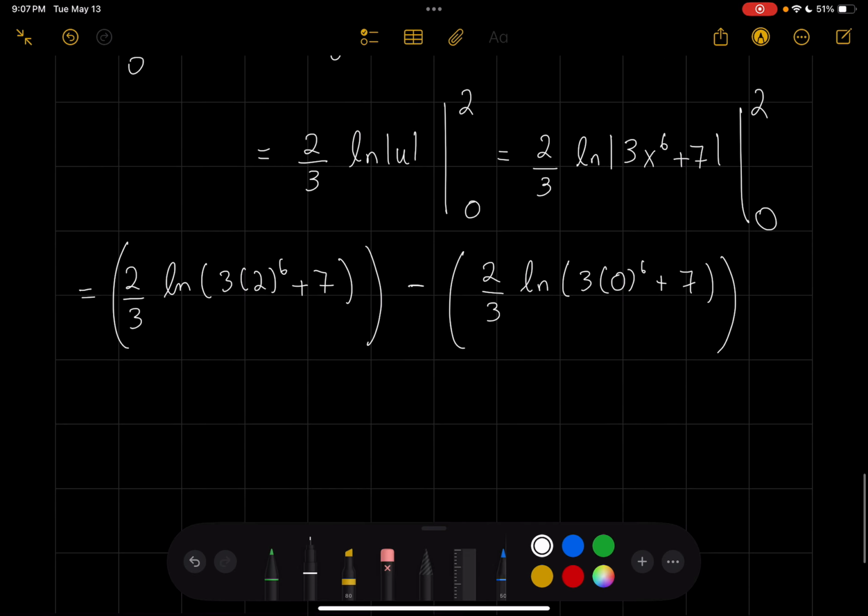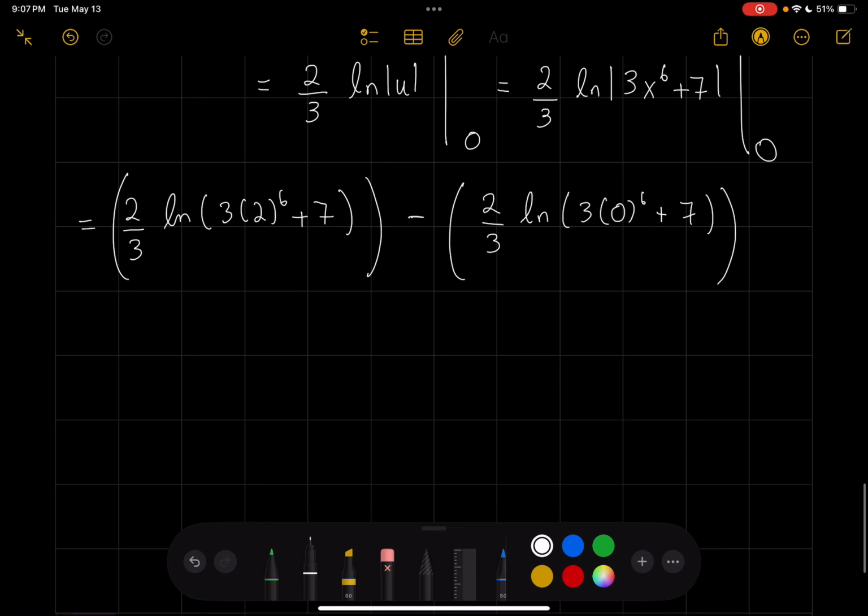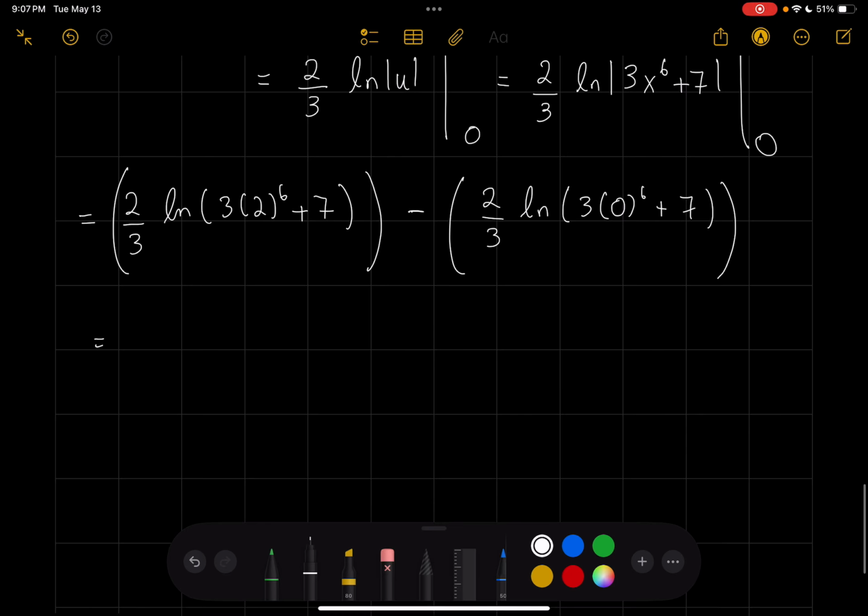Now, I don't have a calculator with me, to be honest, but if you put this on a calculator, you will get the answer really quickly. But let me just simplify it if I can. 2 to the power of 6: 2 times 2 is 4, times 2 is 8, times 2 is 16, times 2 is 32, times 2 is 64. So it's going to be 3 times 64 plus 7 minus 2 over 3 ln 7.